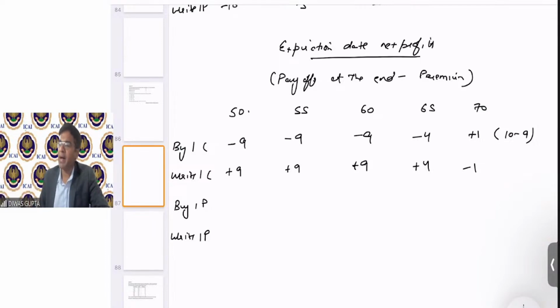Now next, buy one put. If I have bought a put option, 10 rupees is what I will get at the rate of 50. But 1 rupee I have paid as premium. So 9 rupees is what my positive gain will be.